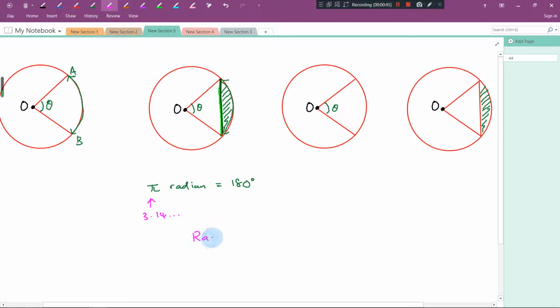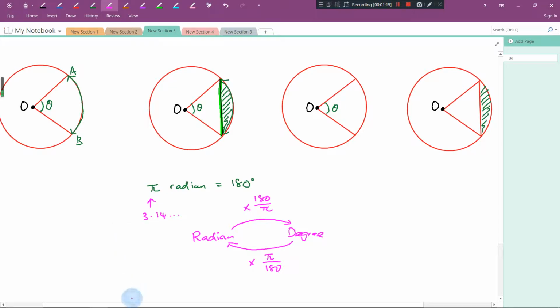So if I ask you to convert an angle in radian to degree, you have to put the bigger number on the top times 180 over pi. If I ask you to convert an angle in degree to radian, the number becomes smaller. You have to put the small number on the top times pi over 180. This is the first thing that we learned in this chapter.